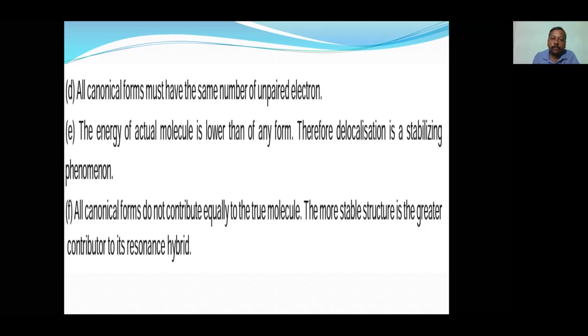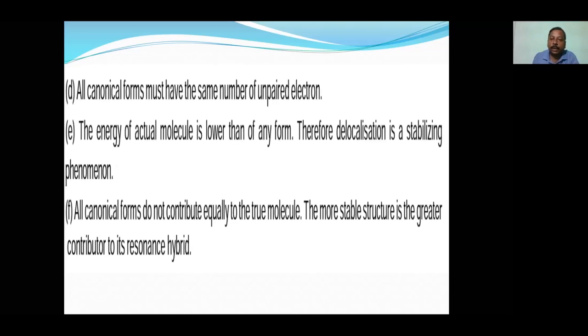Therefore, delocalization is a stabilizing phenomenon. So we will use this factor: more delocalization, more stabilization. Because stabilization releases energy, the resultant molecule with more delocalization will have less energy and more stability.